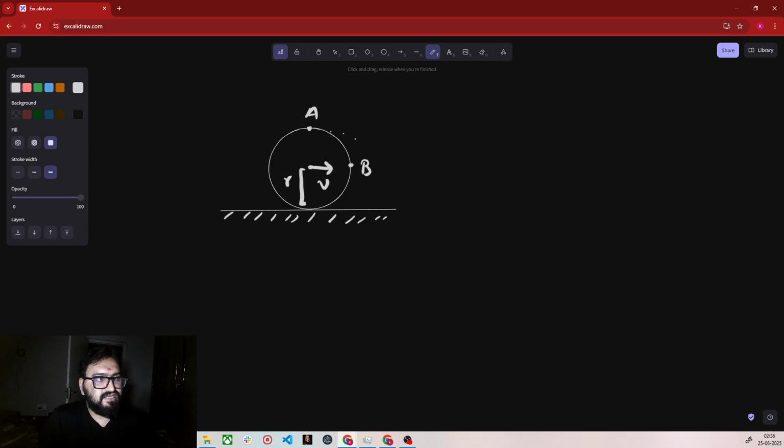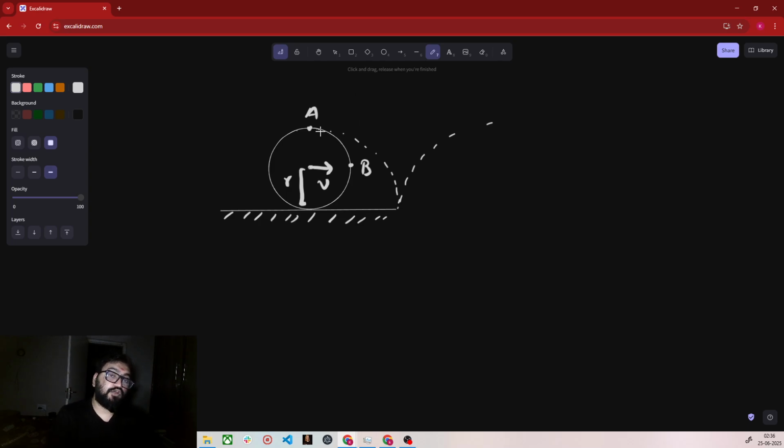It would be something like this, and similar would be the trajectory of B as well, but there would be some shift because there would be a time wherein B would reach point A as well. So the trajectories are going to be similar, but there would be some shift in the trajectories.